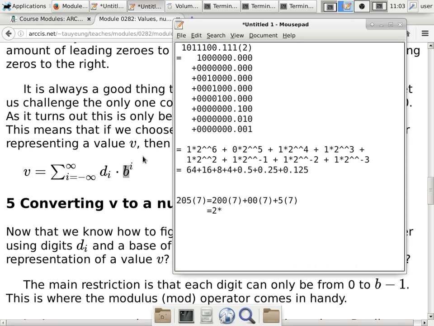So we are dealing with 7 to the power of 2, plus 0, so that's the middle digit, easy. 5 times 7 to the power of 0 in this case, which is just 5, a fancy way to say it. So this is 2 times 49 plus 0 plus 5 by itself, and 2 times 49 is 98 plus 5, so this number is known as 103 to people who use base 10. Is that okay?